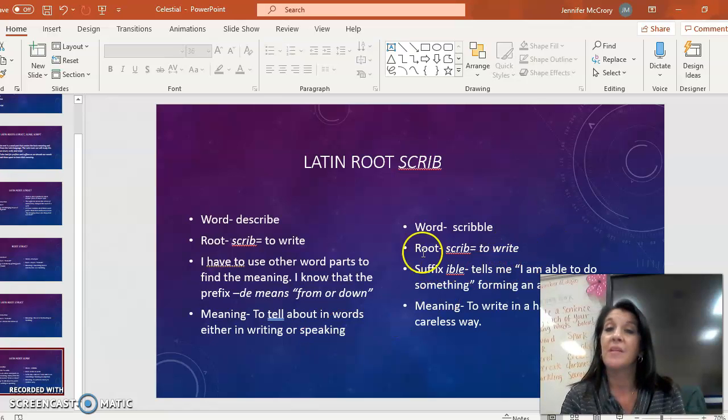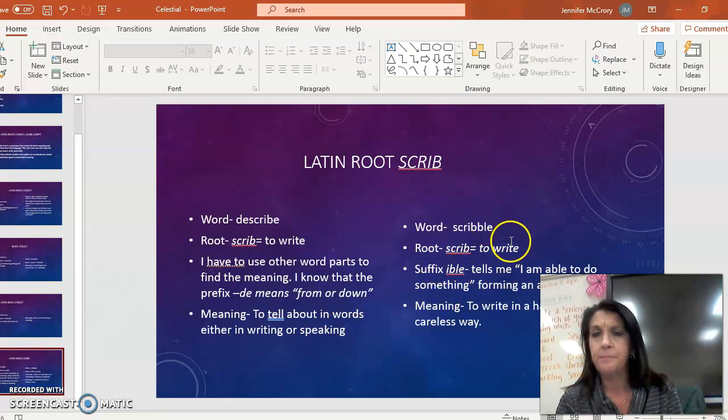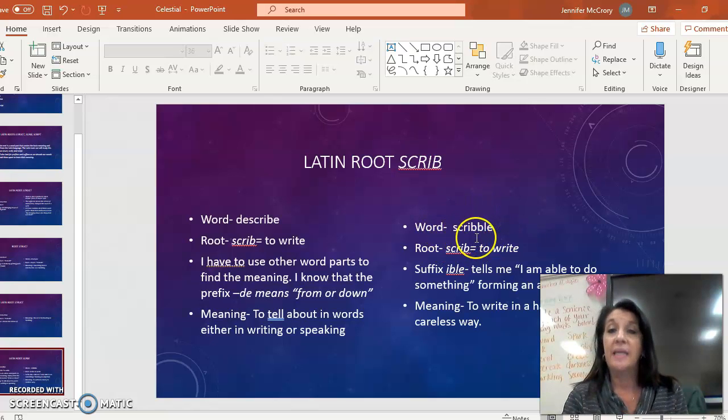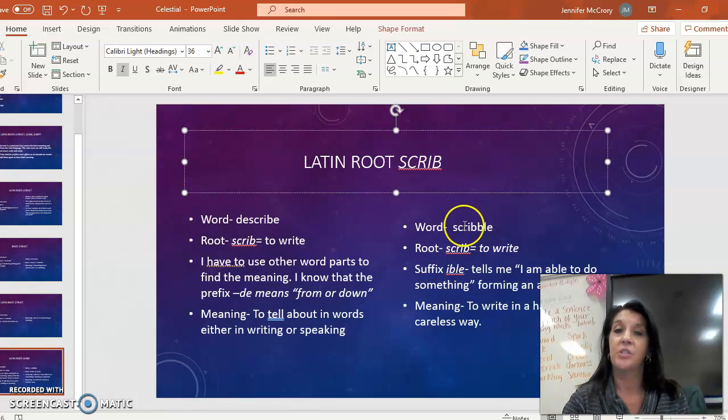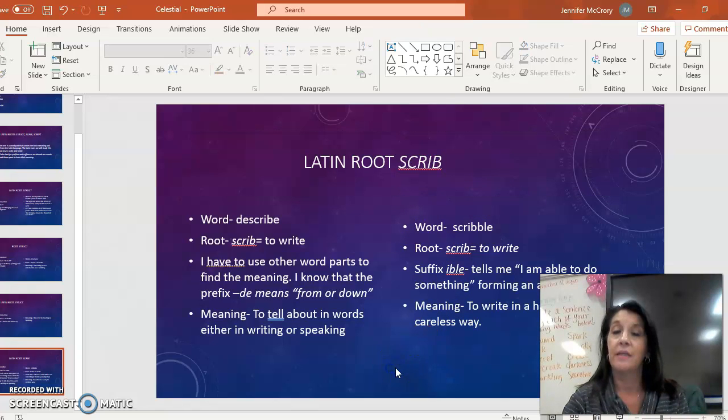All right, let's move over here to scribble. We're pretty familiar with scribble. Again, I find my root, scribe, is to write. But then I had to look a little bit more. I need to look at that suffix, which is I-B-L-E. I need to find out what that suffix means.